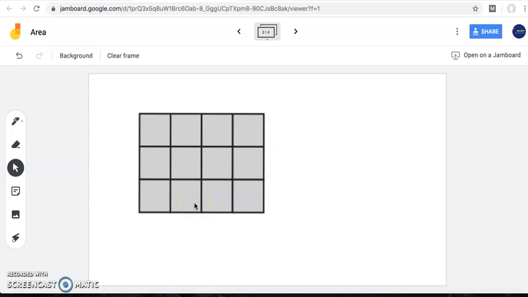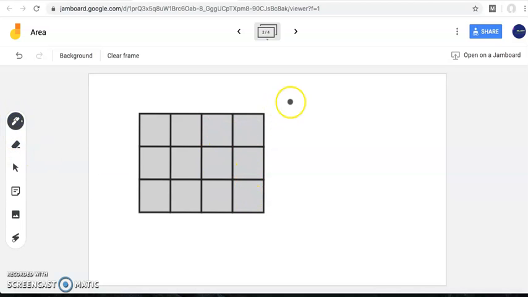In fact, each of these squares are exactly the same size, and together they're put together to form this rectangle. We want to determine what the area is of this rectangle. Now there's two ways you can do this. In this first one, we can simply count how many squares we see that create this rectangle. So if I was to count these squares, I have 1, 2, 3, 4, 5, 6, 7, 8, 9, 10, 11, 12.